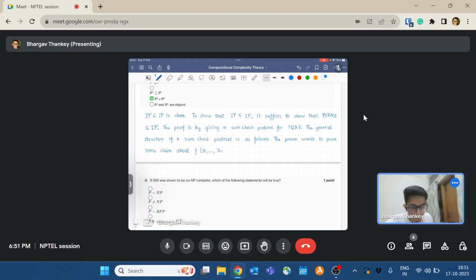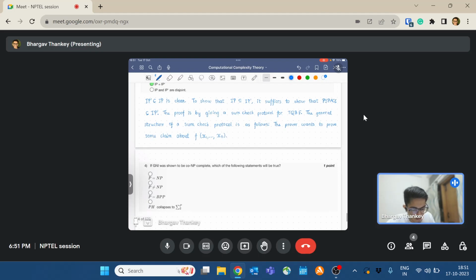In particular, it wants to prove that the summation of f over {0,1}^n is some value alpha. And what the prover does is the following.